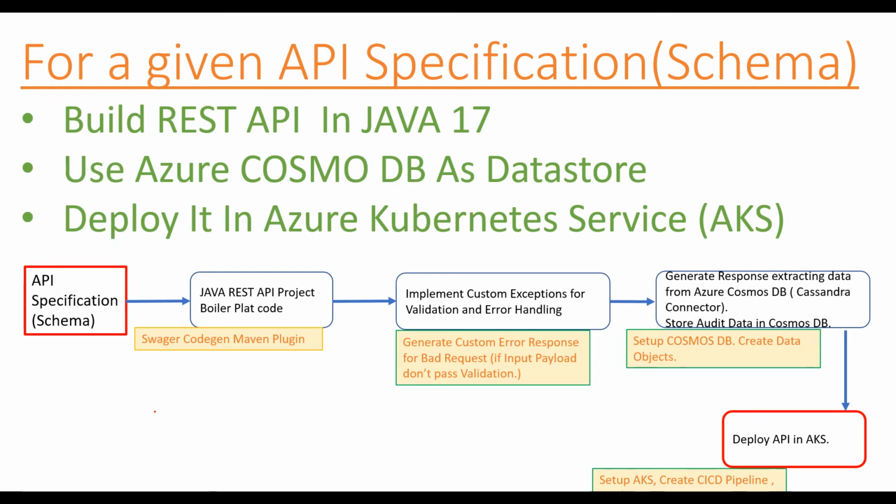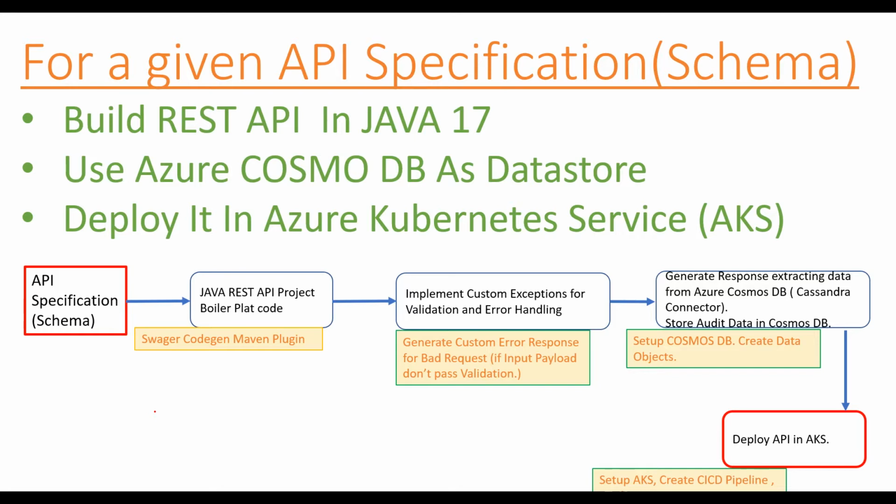Welcome friends. When you work in an enterprise setup, usually a business solution architect or data solution architect works with business stakeholders and creates an API design document. In some places it is known as API specification, and in some places it is also called API schema.